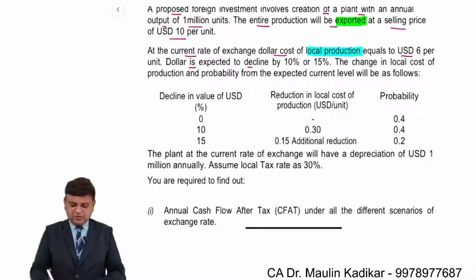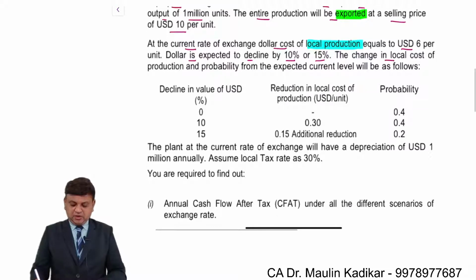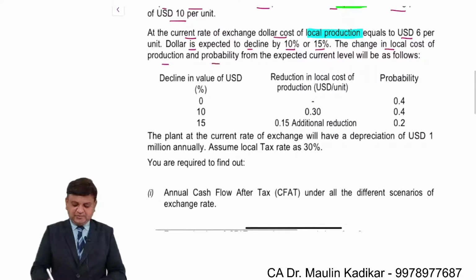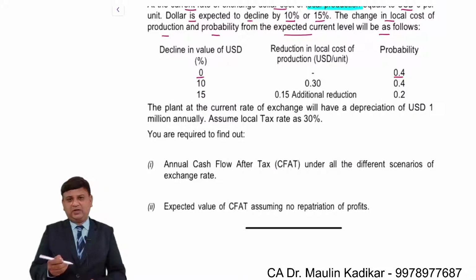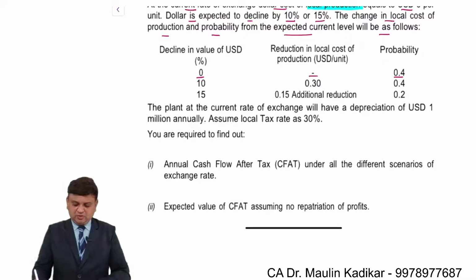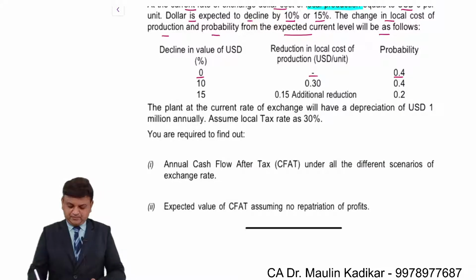The dollar is expected to decline by 10% or 15%. The change in the local cost of production and the probability from the expected current level will be as follows. There are 40% chances that the dollar will not decline, so the reduction in the local cost will be 0.